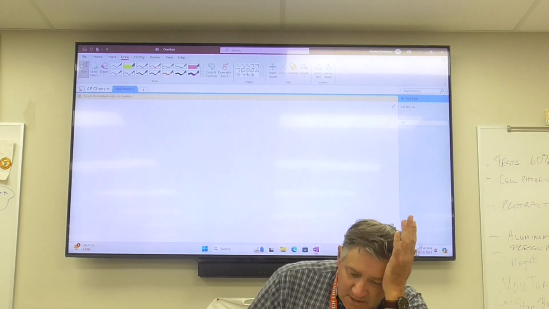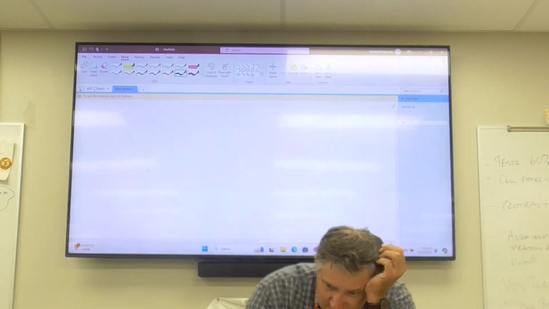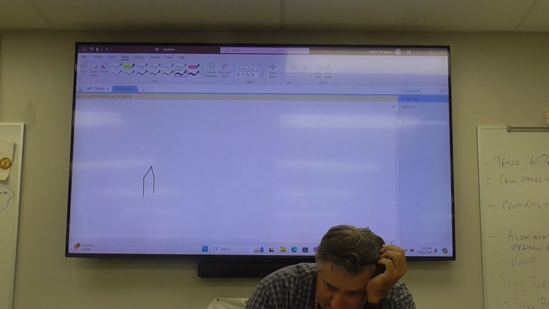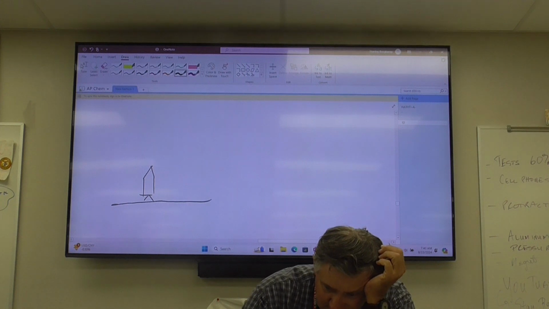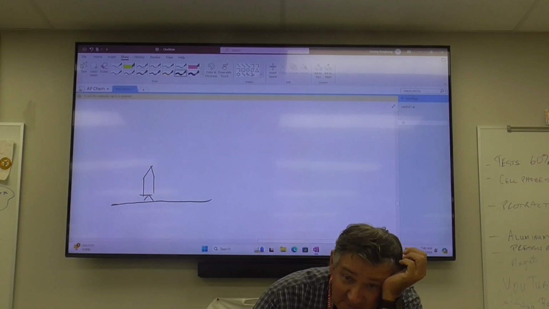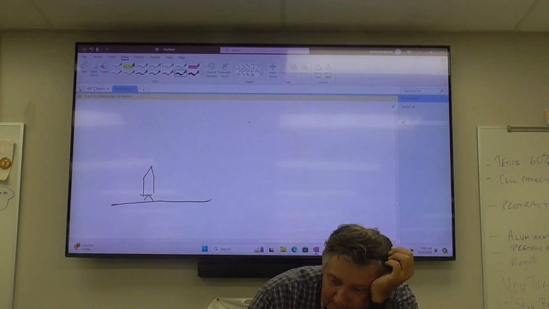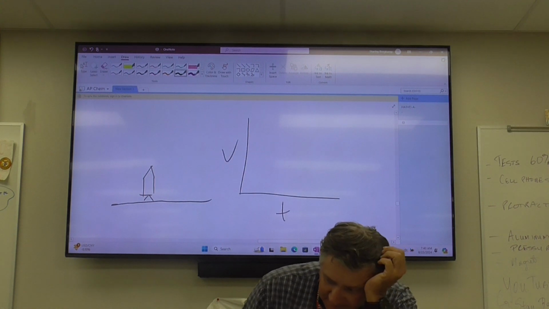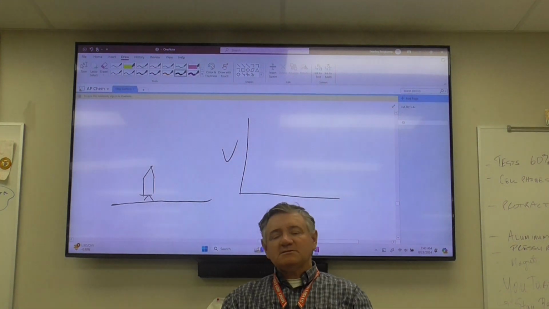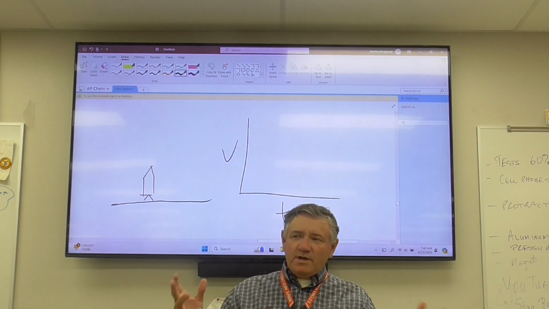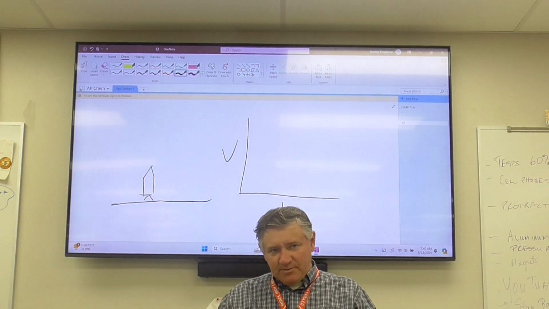All right, so let's talk about the rocket, okay? So here's, nice rocket, thanks, years of being bored in physics lectures and getting good at doodling. So there's the rocket, here's your velocity time graph, okay? There's a couple of different ways you can represent what's going to happen with this rocket.